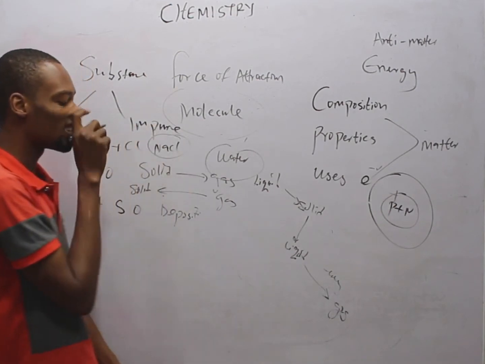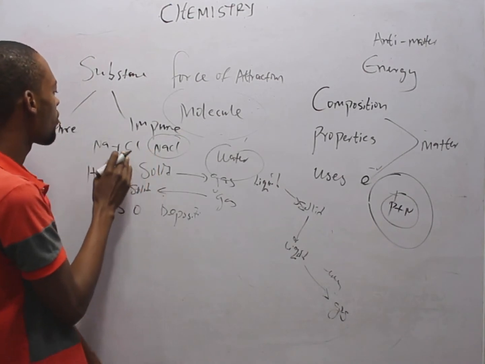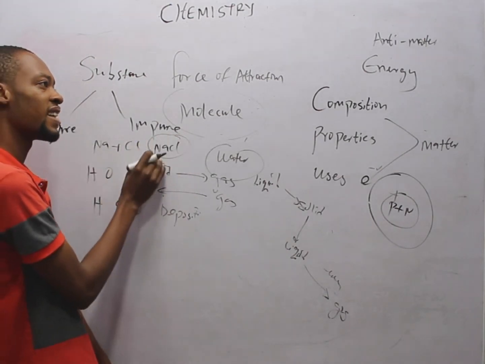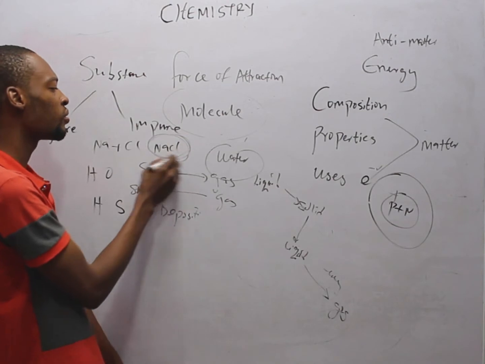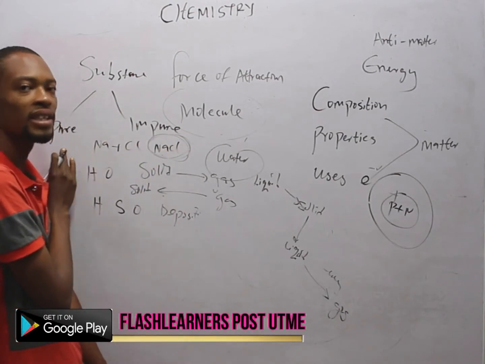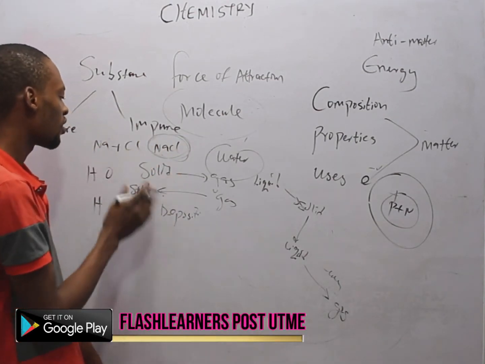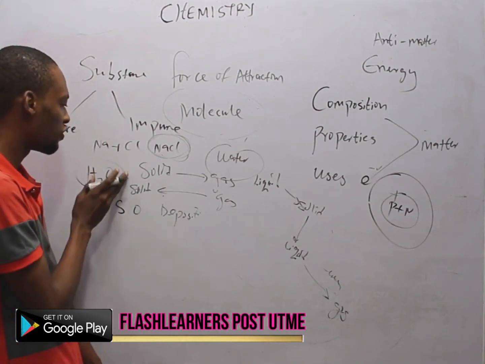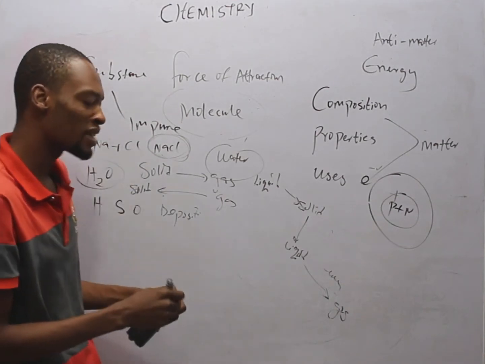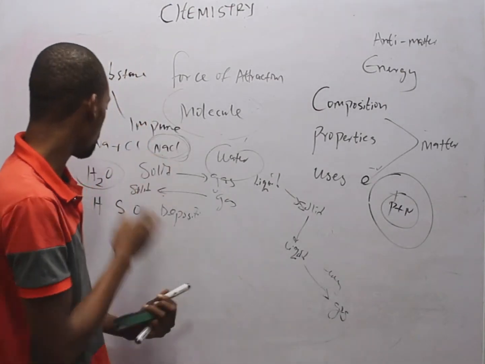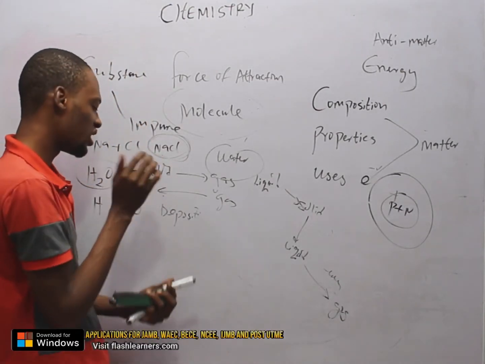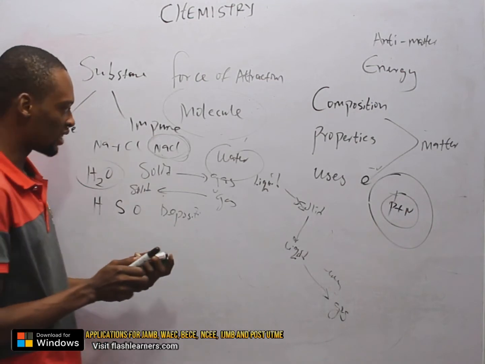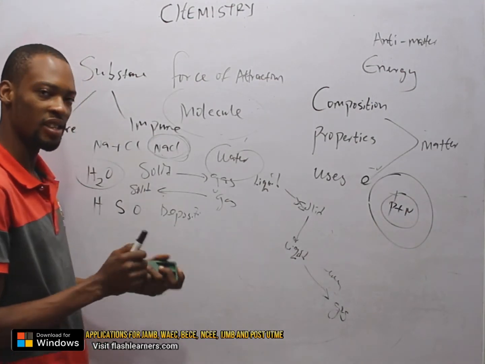This is salt. This is a compound because a new substance is formed, there is a reaction, and the characteristic of sodium chloride is different from that of sodium separately and that of chlorine. What about hydrogen? Two molecules of hydrogen and one of oxygen form water. The property of water is different from the property of hydrogen alone and that of oxygen alone. So in a compound, they act as one.